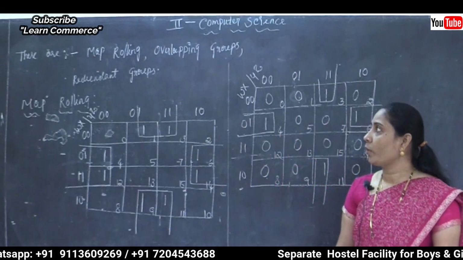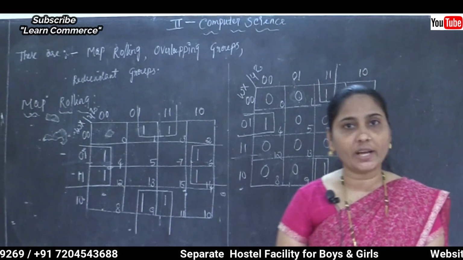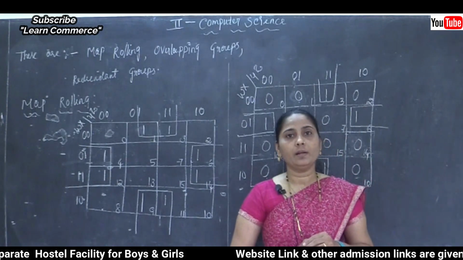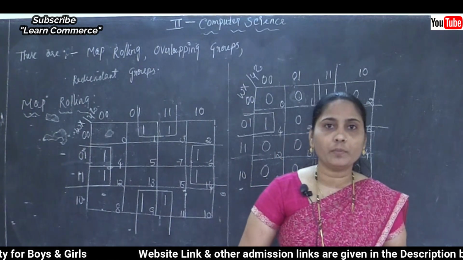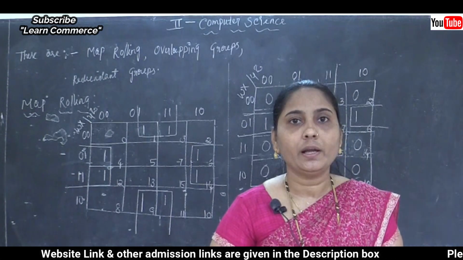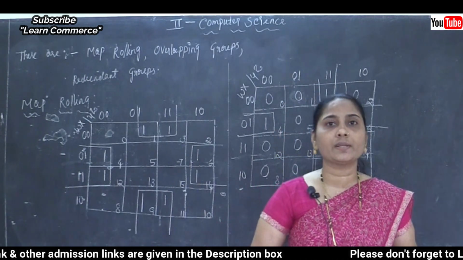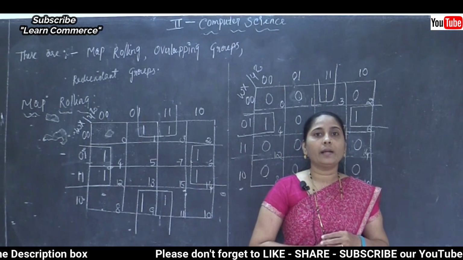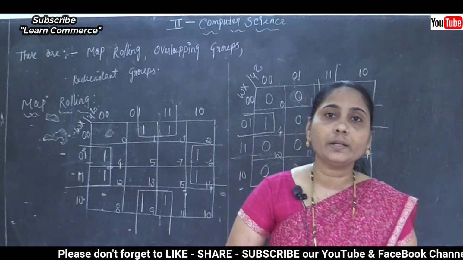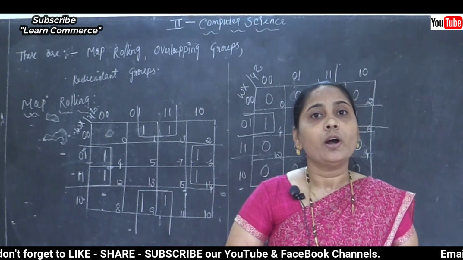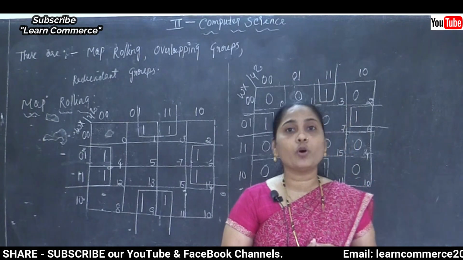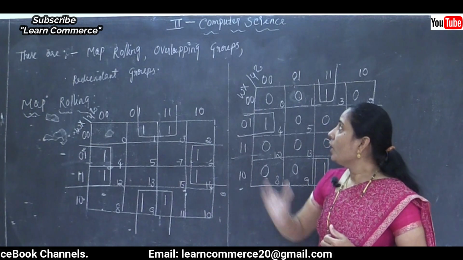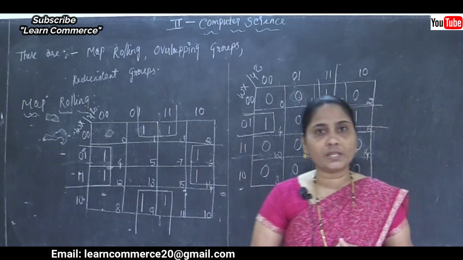After knowing some important information about an octet, we know the rule of the octet: remove the variables which change their state, that is from complemented to uncomplemented, and an octet removes 3 variables only. But after marking pairs, quads and also octets, there are certain other things we need to take care of, and these are map rolling, overlapping groups, and redundant groups. Clear this point?